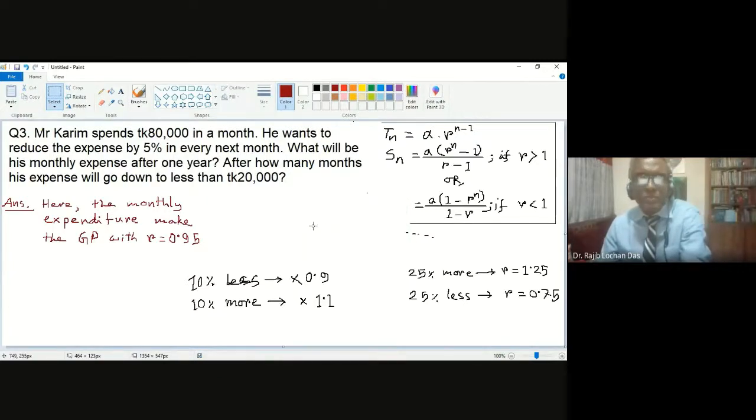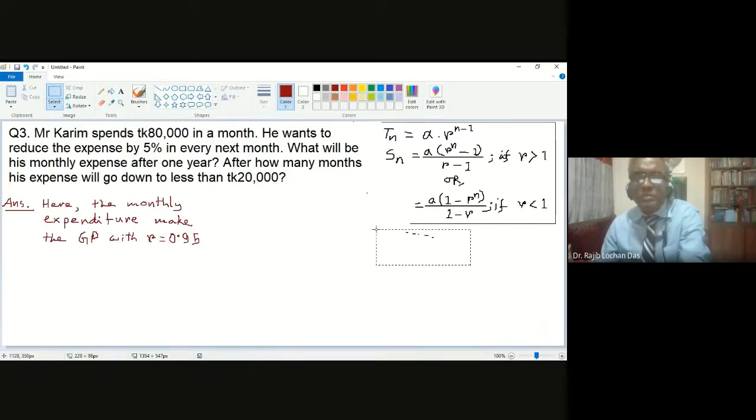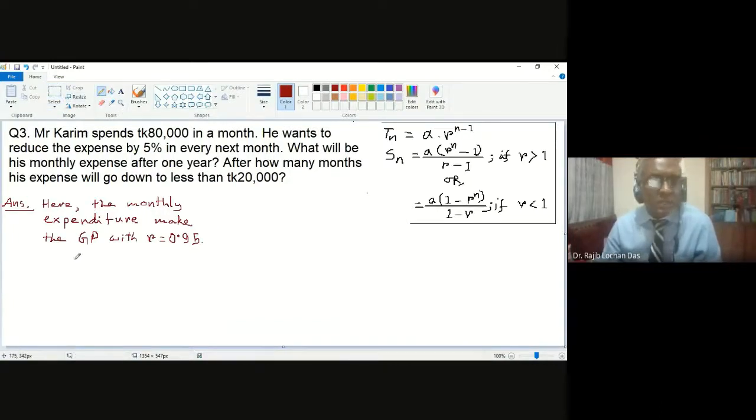If you want to write in the answer, that is also okay, but it is not mandatory. You will just understand the pattern of the sequence, and then you move on to the calculation. So R is 0.95, and the first term is 80,000.